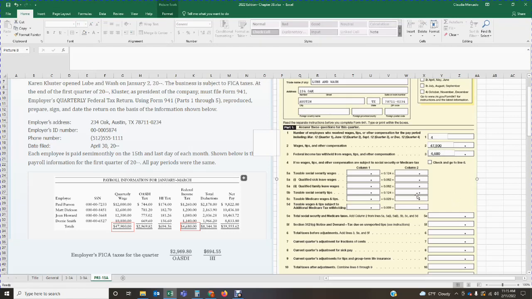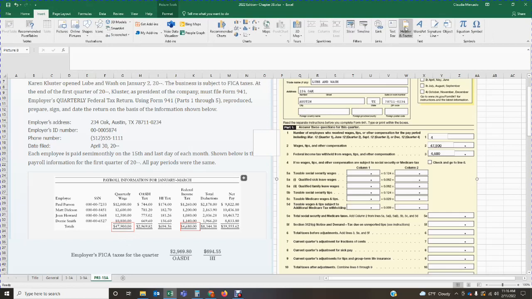Okay. So the next one is our taxable Social Security wages. How much of our earnings are subject to Social Security? And that would be the whole amount of the 47,900. Okay. 47,900 is taxable wages for Social Security. So that 47,900 is going to be entered right here.